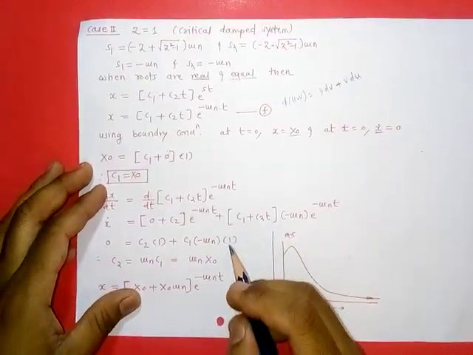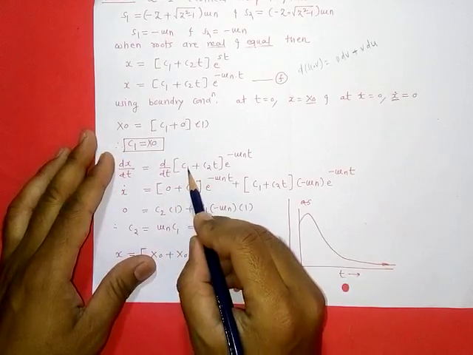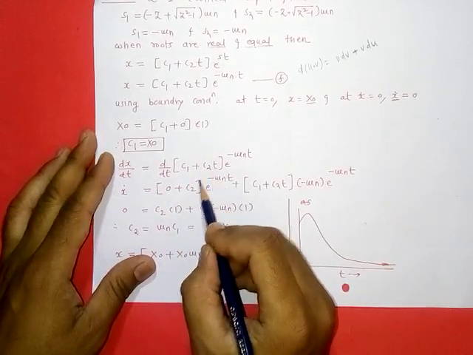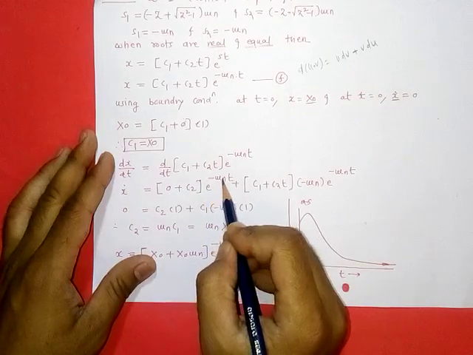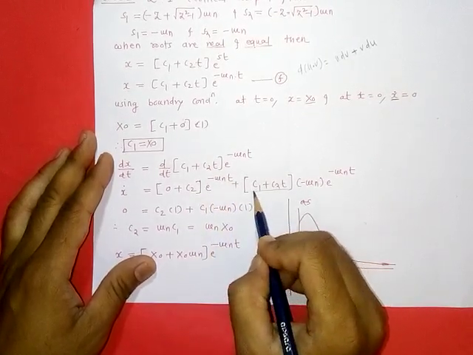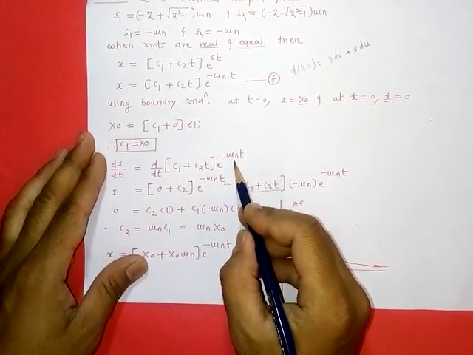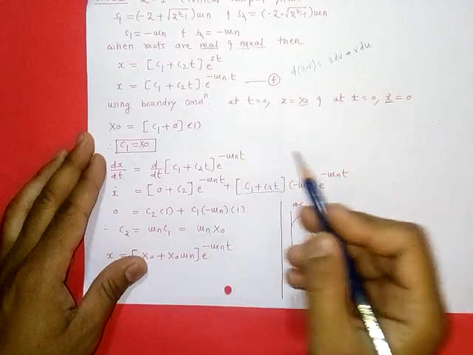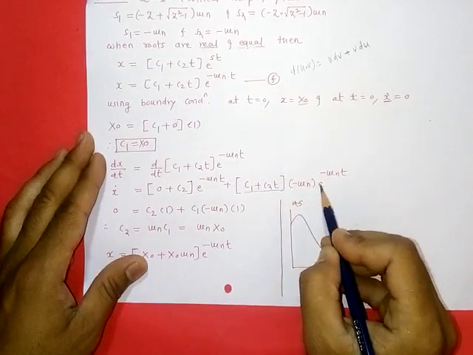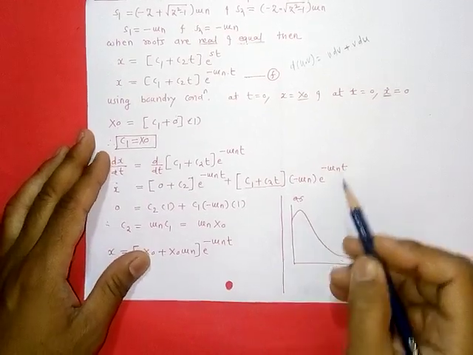Applying the same, we get the derivative of c1 as 0, the derivative of c2 t is c2 into e raised to minus omega n t, plus for the next term, this term remains as it is, and the derivative of e raised to a t is a into e raised to a t, so minus omega n e raised to minus omega n t. So this is the derivative.